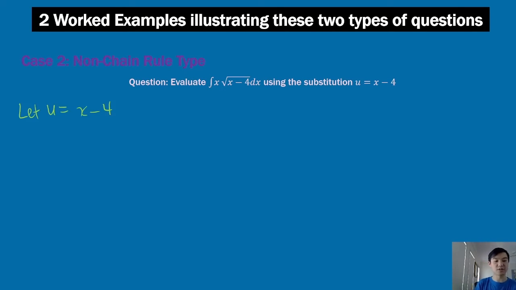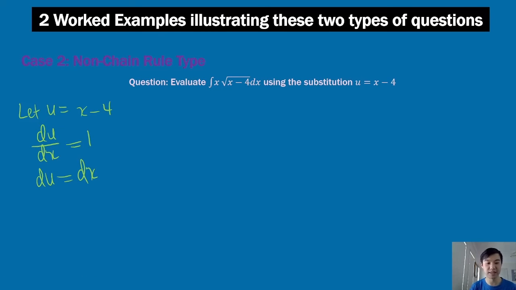So now what I can do is differentiate the substitution. The derivative of x minus 4 is simply just going to be 1. So I can say that du equals dx, like so. And now my next step is to rearrange this integral and make all of the x's in terms of u.